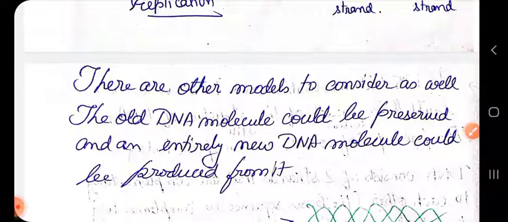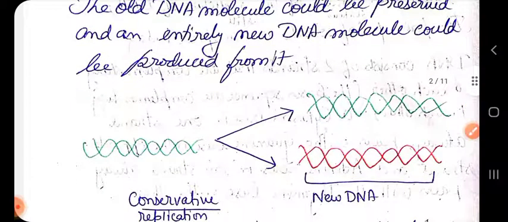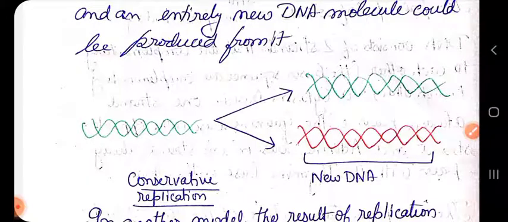This type of replication is called the conservative nature of DNA replication. As you can see, the green one is your parental DNA molecule. After replication, the old DNA molecule is preserved, and an entirely new DNA molecule is produced from that old DNA. So scientists also proposed this model.